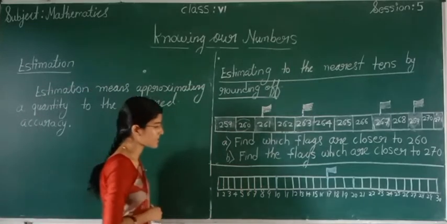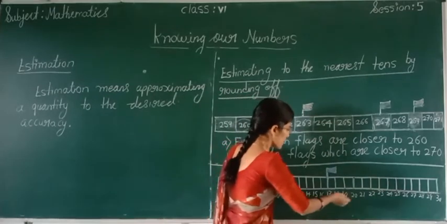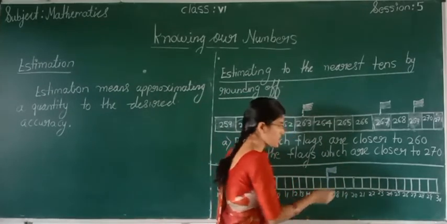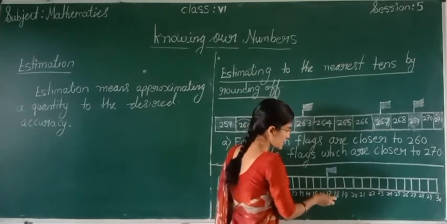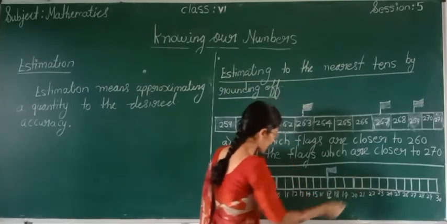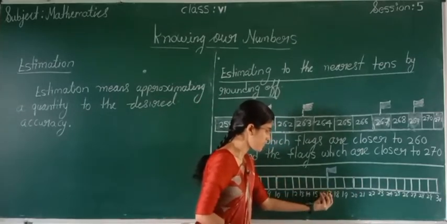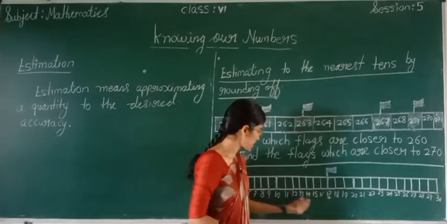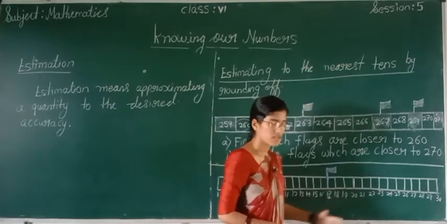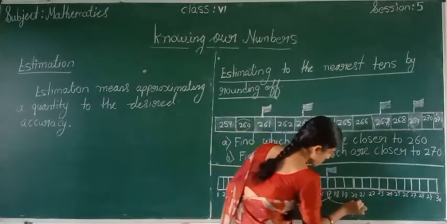Okay, next we will go for the next one here. Again I am asking your questions here. 17, right? Here 17 is there. This 17 flag is nearer to 20 or 10. Tell me, it is nearer to 10 or 20.